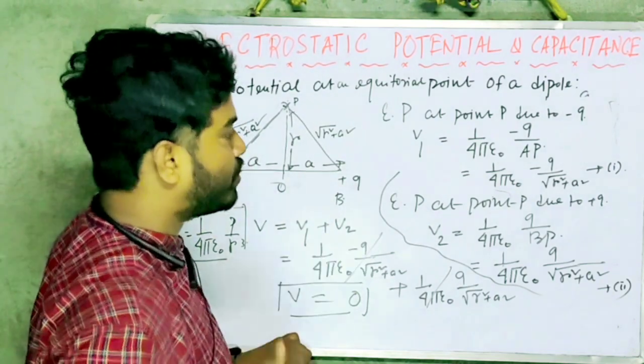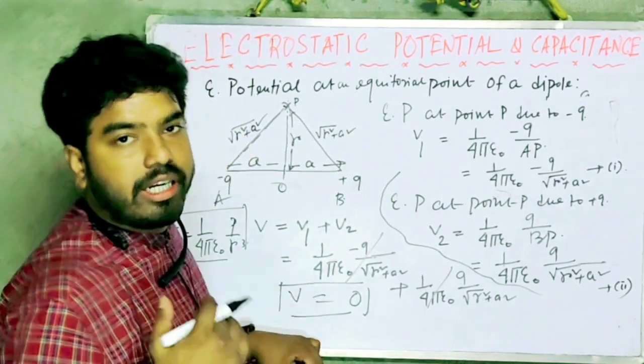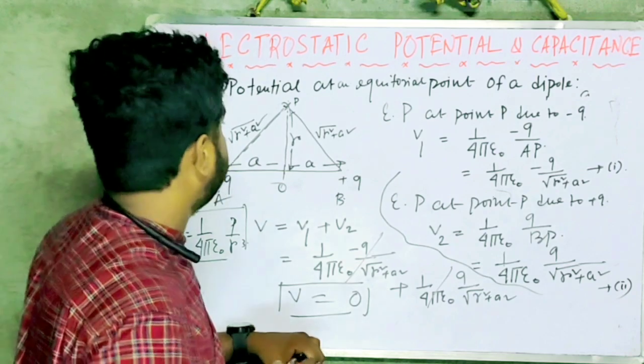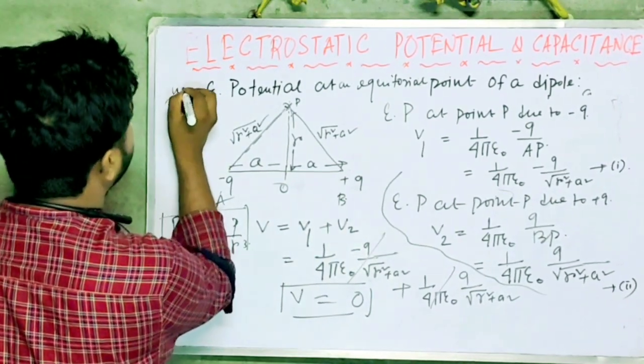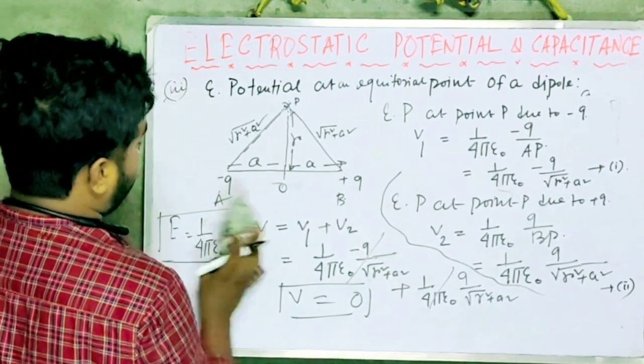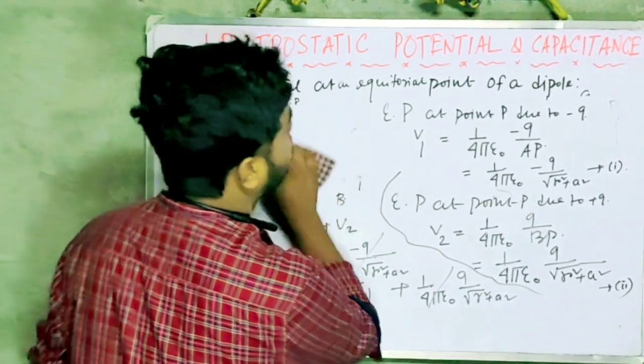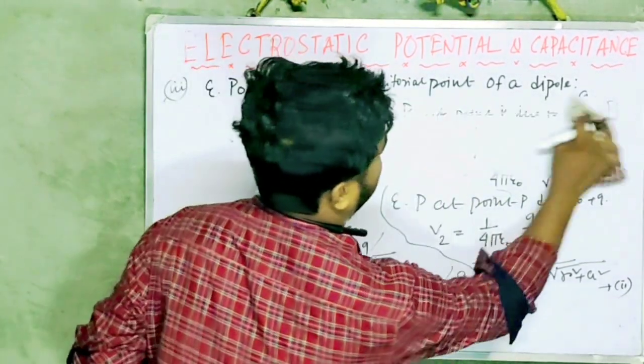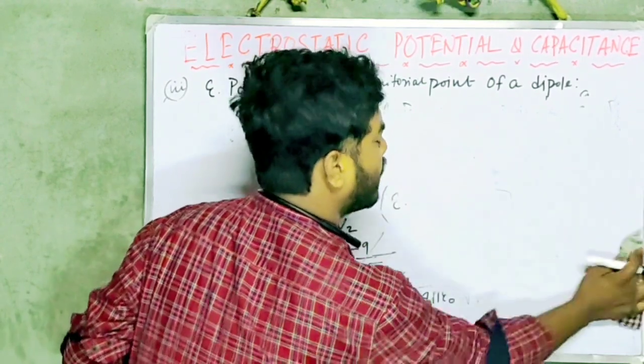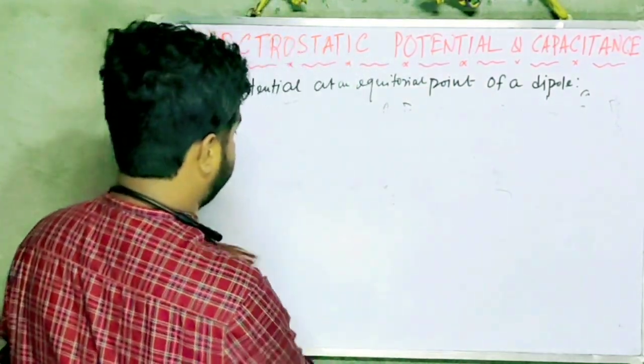Now case number 3: we have to calculate electric potential at any point due to an electric dipole.